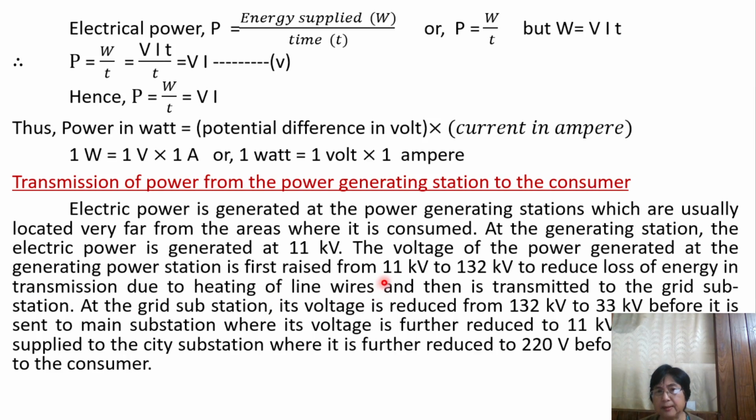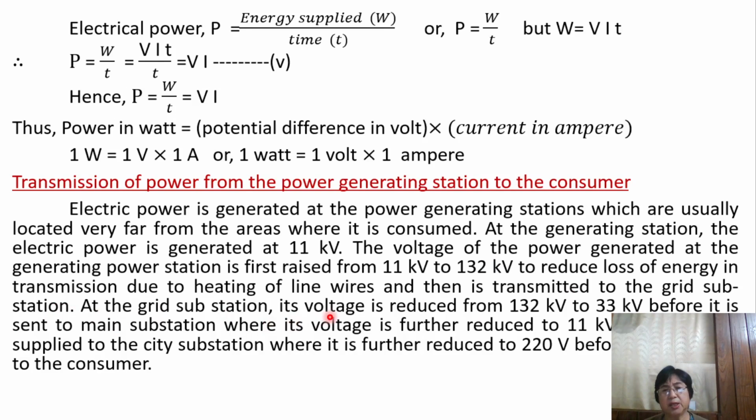Please listen carefully. If we transmit it at 11 kilovolt, there will be lots of energy which will be lost in the form of heat, because the line wires will be heated up, so that heat will be lost in the form of loss of energy. And then it is transmitted to the grid substation.